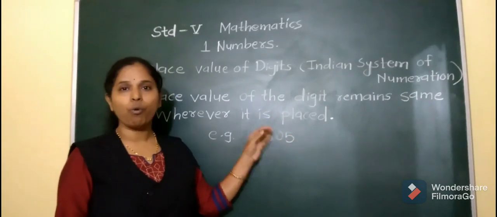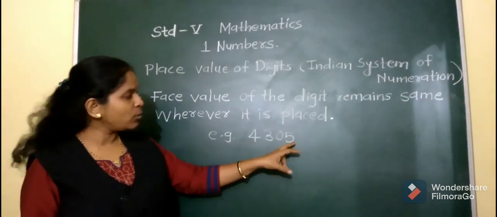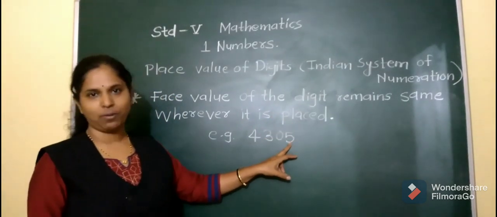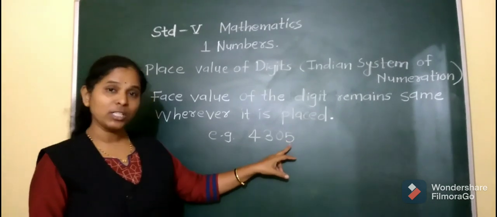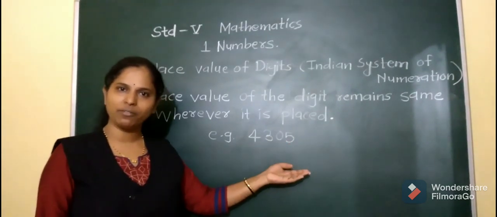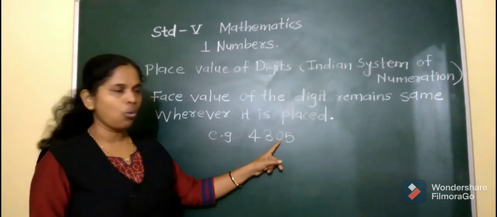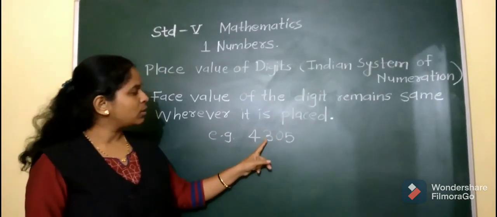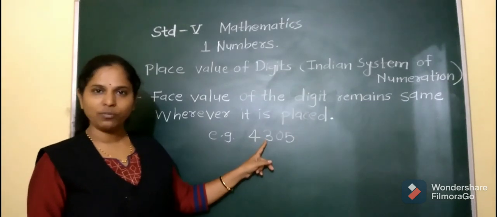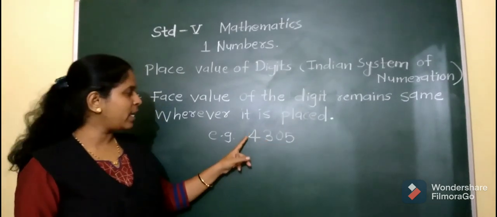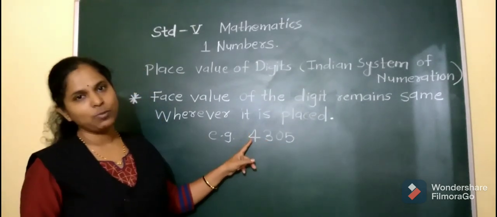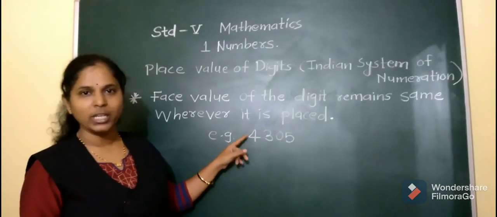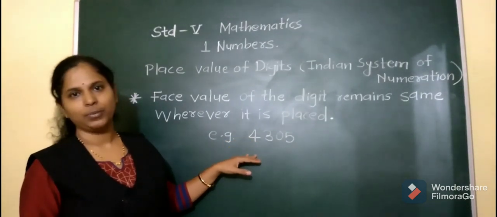Face value means whatever we can see. The face value of 5 is 5 itself. The face value of 0 is 0. The face value of 3 is 3. And the face value of 4 is 4 itself.